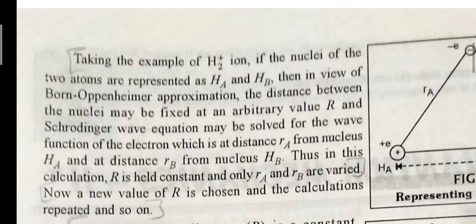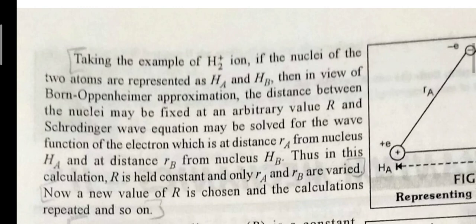Taking the example of the H2 positive ion, if the nuclei of the two atoms are represented as Ha and Hb, then in view of the Born-Oppenheimer approximation, the distance between the nuclei may be fixed at an arbitrary value R, and the Schrödinger wave equation may be solved for the wave function of the electron, which is at distance ra from nucleus Ha and at distance rb from nucleus Hb.